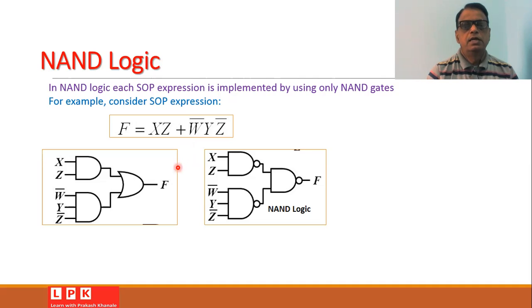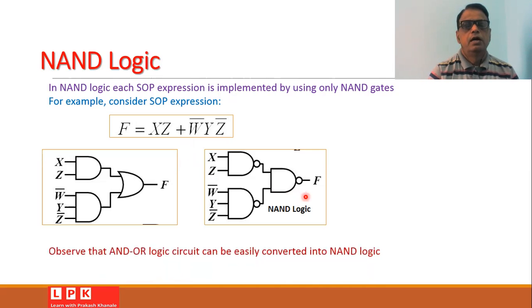So it is quite easy that whenever any SOP expression is given, you can implement it by using only NAND gates. Such a logic is called NAND logic. So any AND OR logic circuit can be easily converted into the NAND logic circuit.